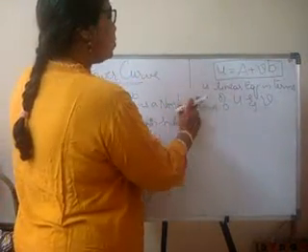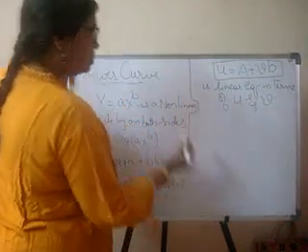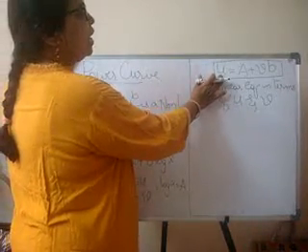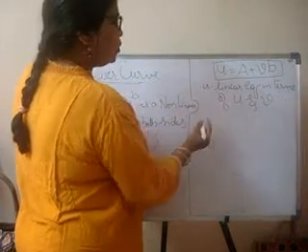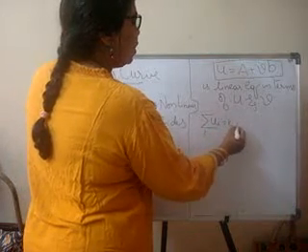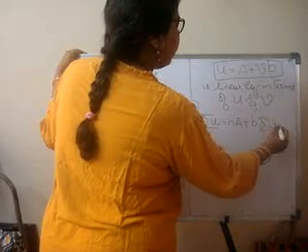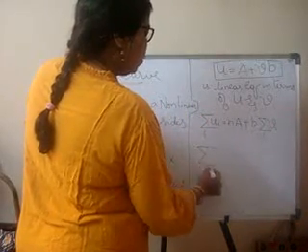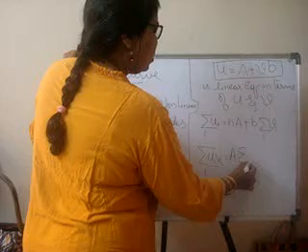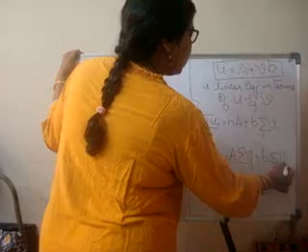Therefore the normal equations would be what? By applying Lagrange's principle of least squares to this equation of a straight line in terms of u and v, we are going to get our normal equations: summation over i u_i equals n A plus b summation over i v_i. And the second one: summation u_i v_i equals A summation v_i plus b summation over i v_i square.